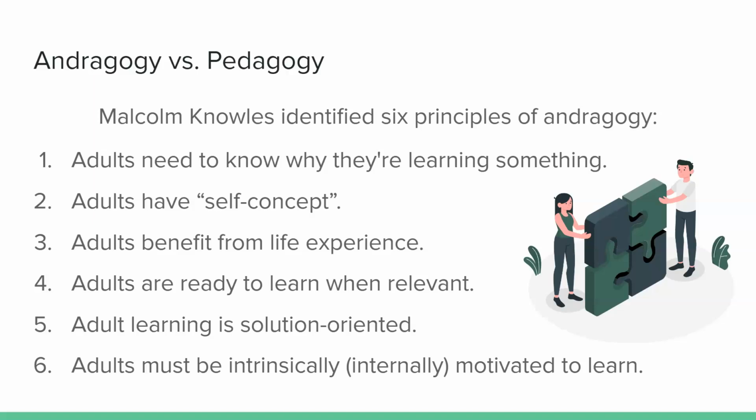And children also have really limited experience, right? So they don't have the benefit of being able to rely on their prior experience to connect with their new learning. So again, that's our benefit of working with adult learners, that they have that experience to draw from. Children don't need to be ready to learn.